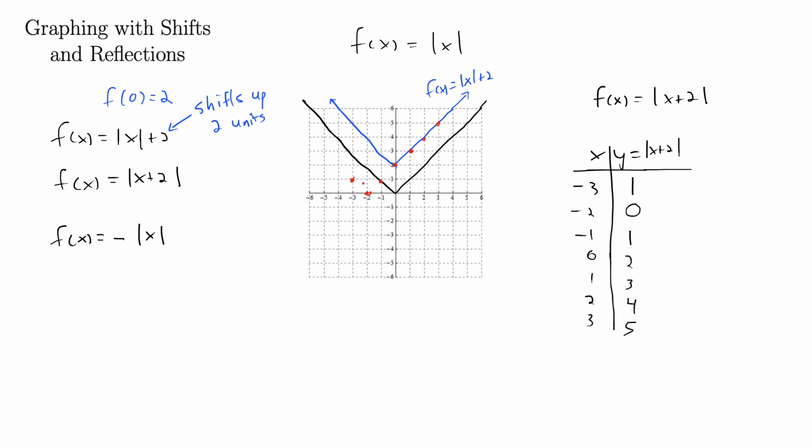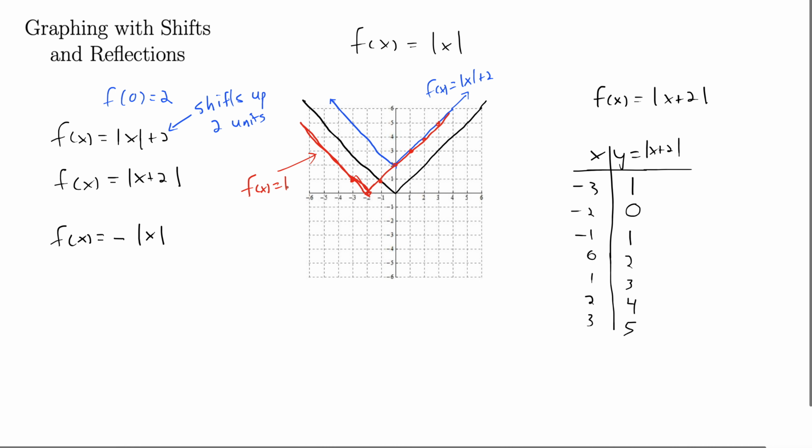Okay, so look what's happened here. We have taken this black graph and shifted it 2 to the left for the red graph here. There we go. So this one here is f of x equals absolute value of x plus 2.